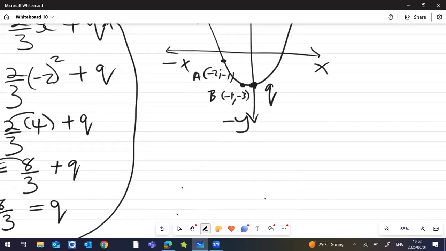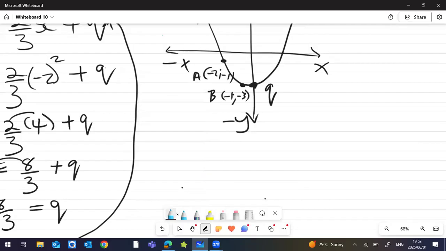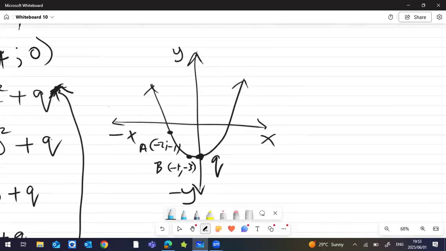If we look at our graph, here our graph is positive, positive, positive. Even here it's positive. Down here it's negative, negative, negative. Now, here your f of x is positive, but your x values are negative.